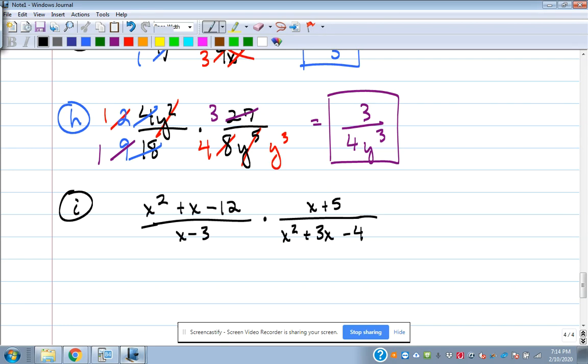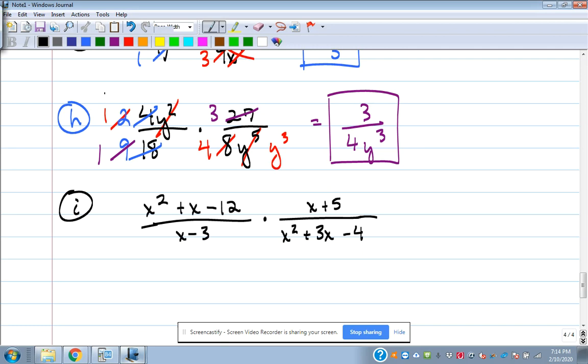Okay. They've given us a problem here where we've got some trinomials in there, and then we got a couple of binomials that don't factor at all. So we need to do the factoring. So the idea here is just factor everything that's there. Before you start doing anything else, just get everything factored as far as it'll go.